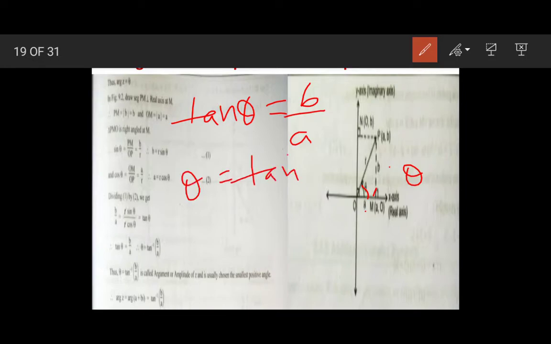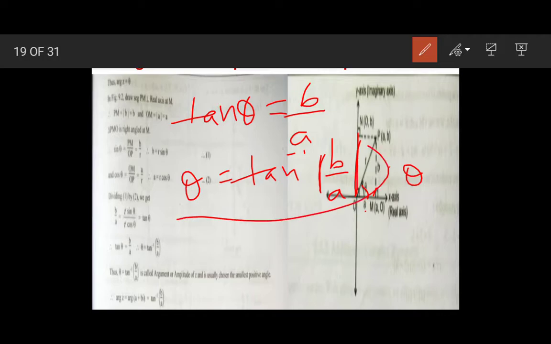We know that tan theta is opposite upon adjacent, so tan theta will be B upon A. So theta is equal to tan inverse of modulus of B upon A. We need only the positive term, so that's why I am using the modulus sign.